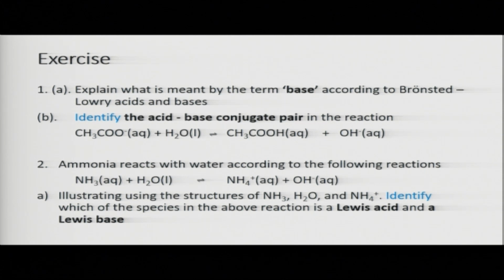Meaning, you need to understand what is a Lewis acid and what is a Lewis base, then look at the structures, know which one is going to donate and which one is going to accept electrons, then you can identify the correct answer. That is a high-level understanding.